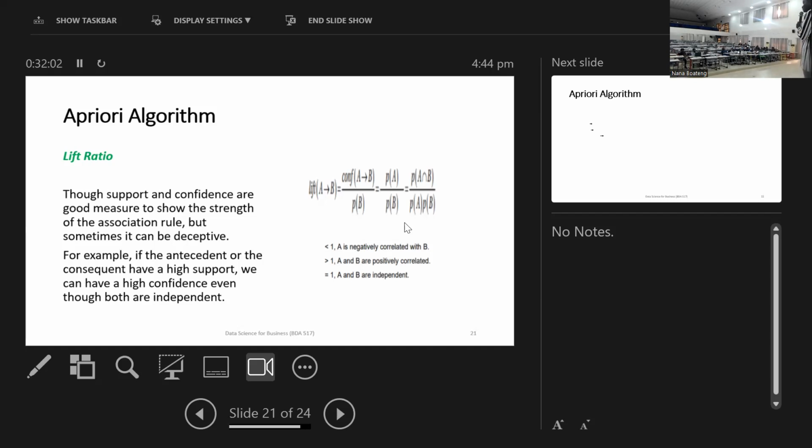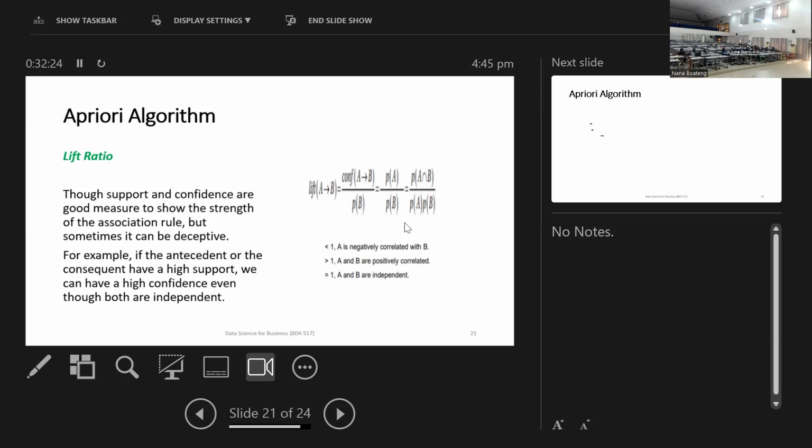Any question? So when you have a lift of 1, that means they are independent. Therefore, you cannot do your promotional bundle taking an item, because they are independent. Once they buy one, there is no guarantee that they'll buy the other.